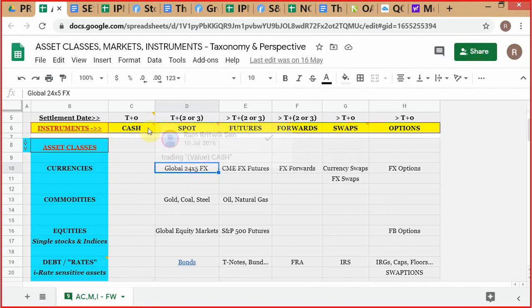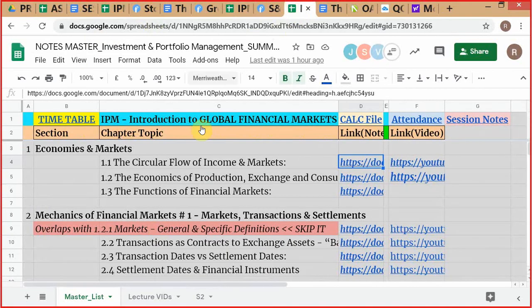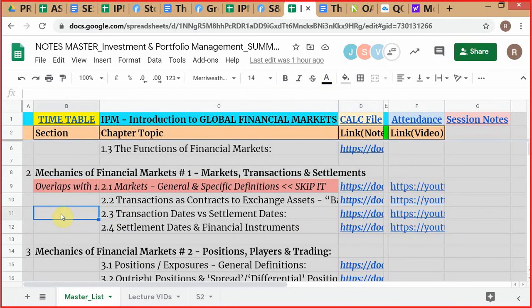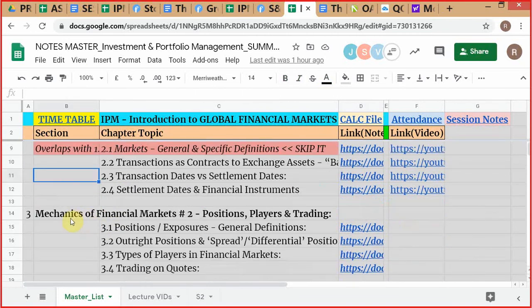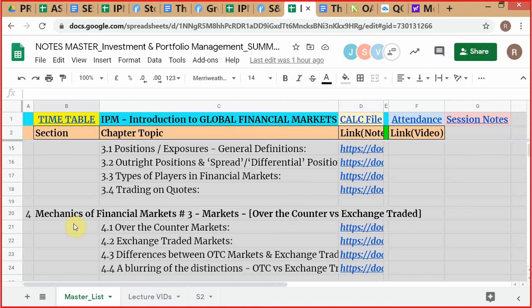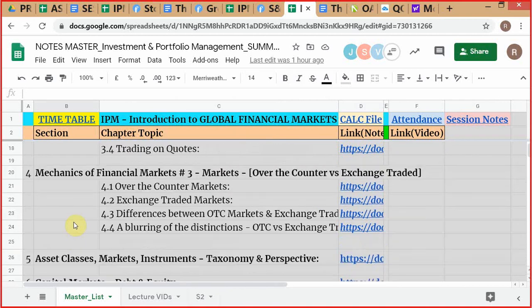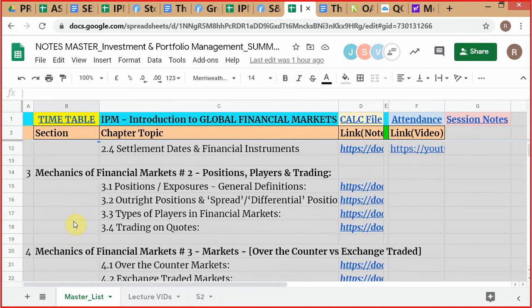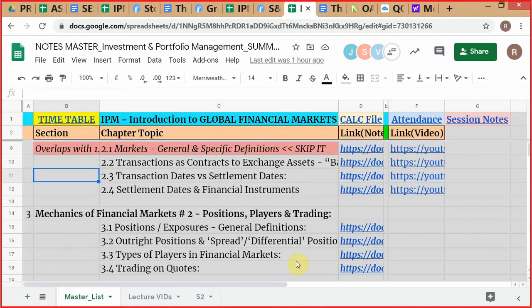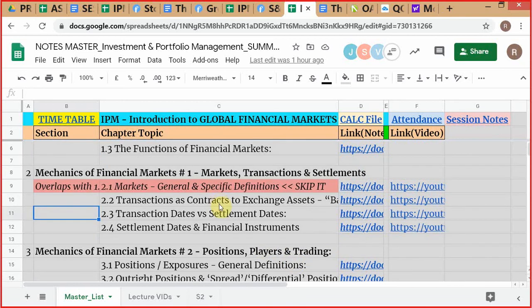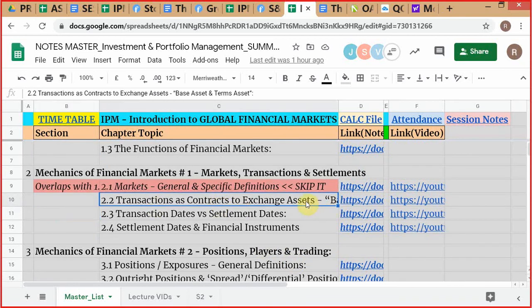All right, now these are different types of instruments. If you see the sequence of notes, this is discussed over here. You'll get some idea from contracts itself, when you have transactions as contracts to exchange assets.